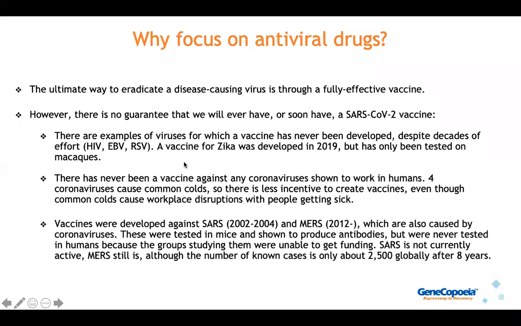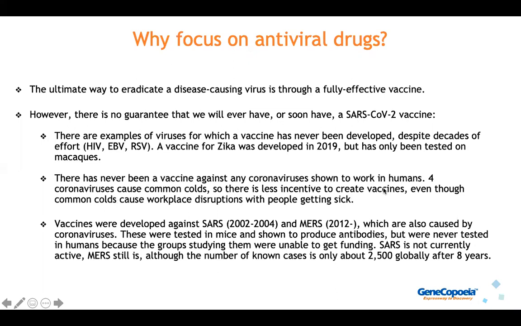There are many famous examples in the literature of viruses for which a vaccine has never been developed, such as HIV, Epstein-Barr, or respiratory syncytial virus. A vaccine for Zika was developed in 2019, but has only been tested on macaques. In addition, there's never been a vaccine against any coronavirus shown to work in humans.